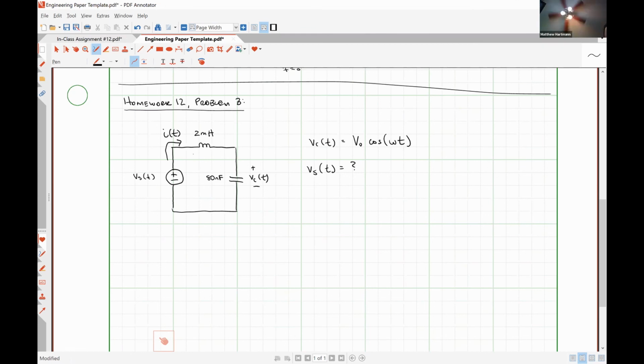So I'm going to call this guy VL of t, and we can write a Kirchhoff's voltage law equation that says that Vs of t is simply VL of t plus Vc of t, right? How can I express VL of t and Vc of t in terms of my common current I of t?